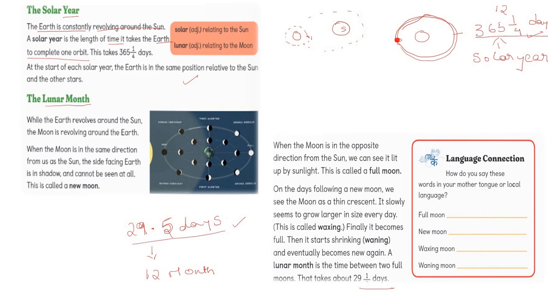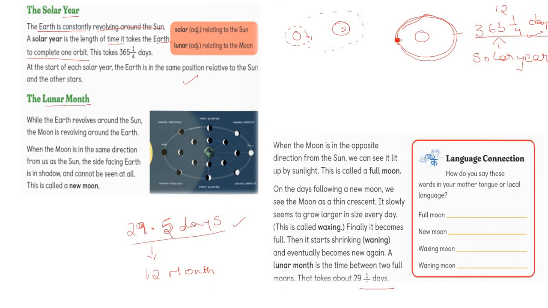And before going to the details, let us very clearly see what a lunar month is. When the Moon is in the same direction from us as the Sun, that means the Moon is in the same direction as the Sun from Earth.